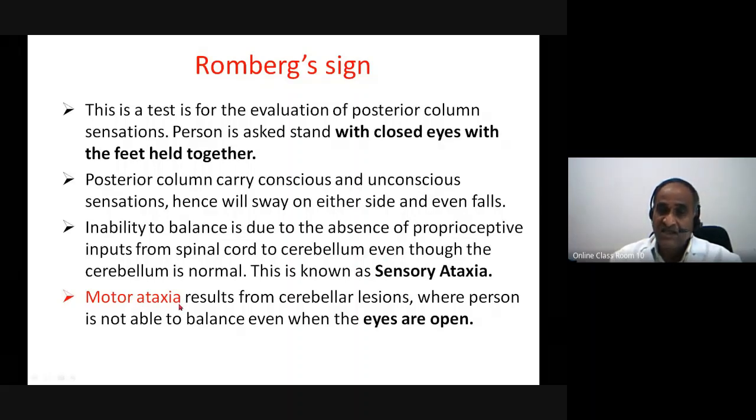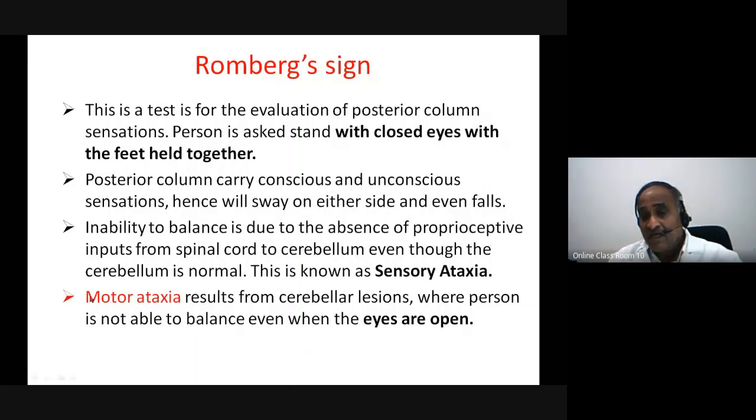Motor ataxia means it is the failure of the cerebellum to perform or to coordinate. So this results in cerebellar lesions where the person is not able to balance even when eyes are open. In sensory ataxia, the person is not able to balance when eyes are closed. When eyes are open, he is able to balance because he sees everything, he tries to adjust.